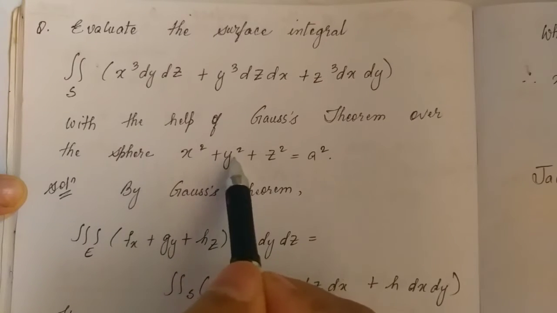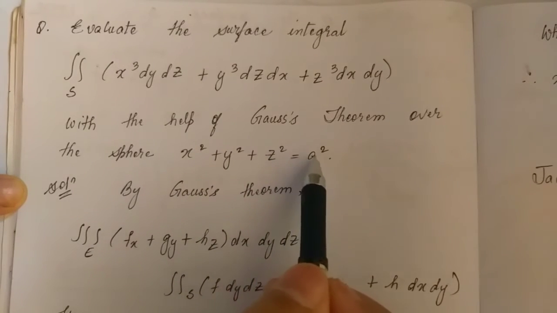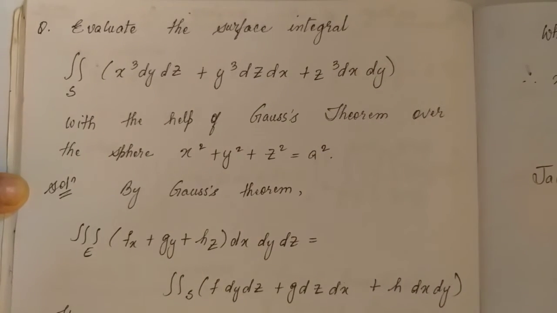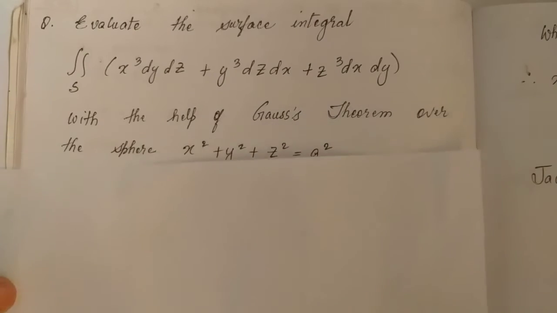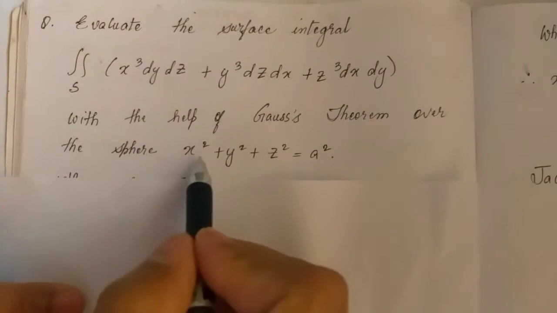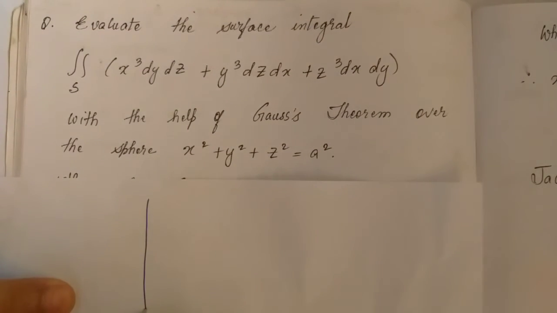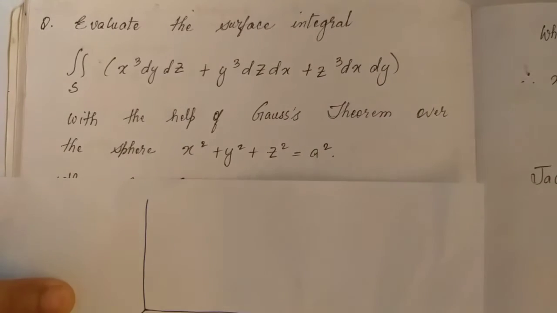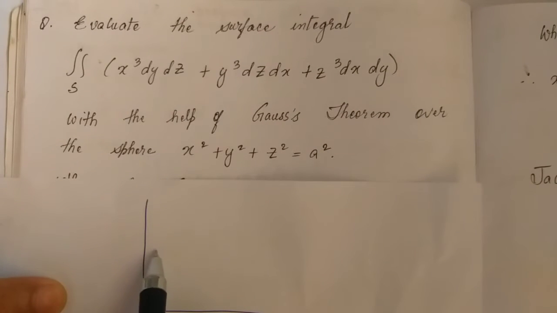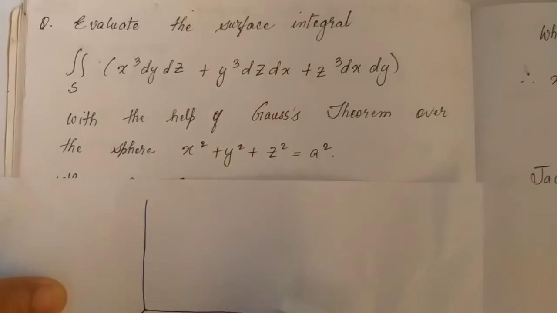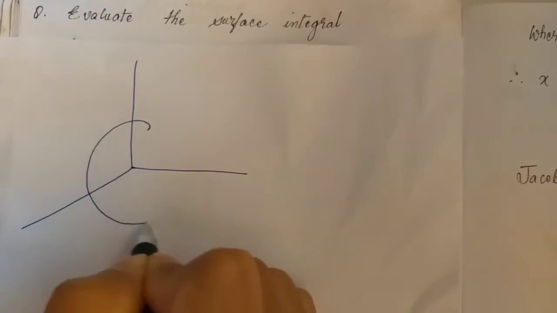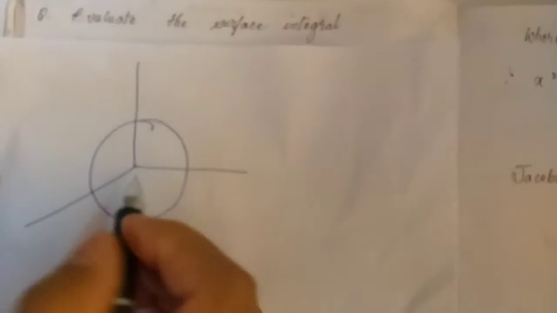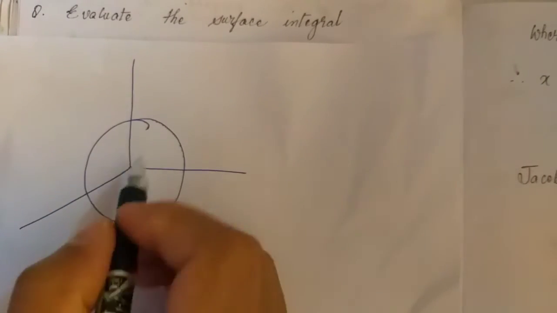x square plus y square plus z square is equal to a square. Now, if I draw a sphere, okay, this is a sphere, at the center.